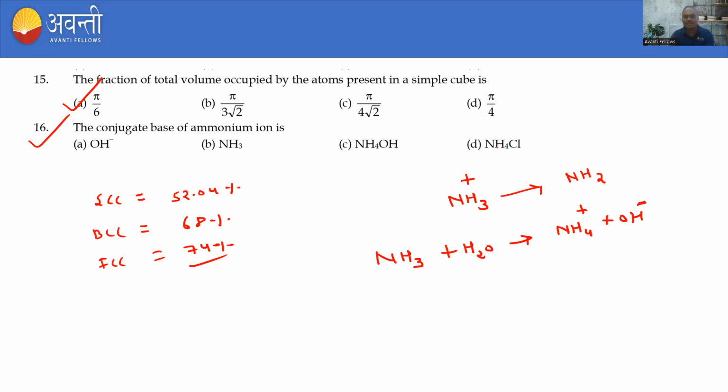H2O and OH negative are the conjugate acid and the conjugate base for both. Right. So in this question, they're asking the conjugate base of ammonia ion. So conjugate base of ammonia ion is nothing but ammonia. So which option is correct? That is B. So option B is absolutely correct. Okay. So I guess everyone understood why option B is correct.